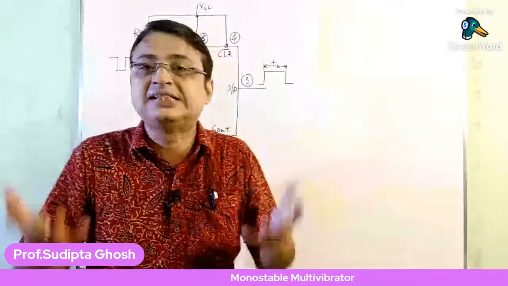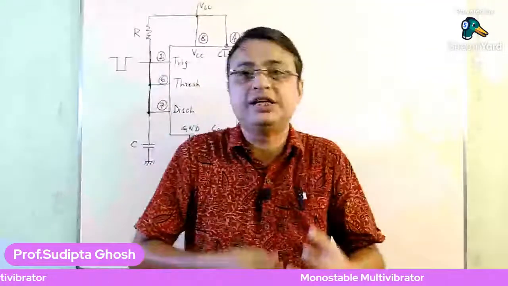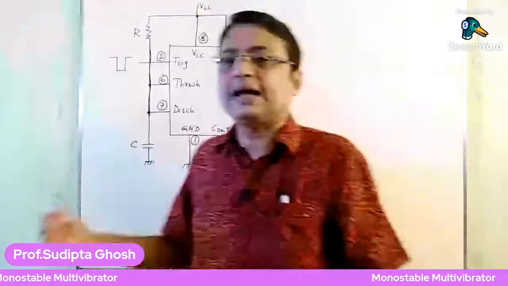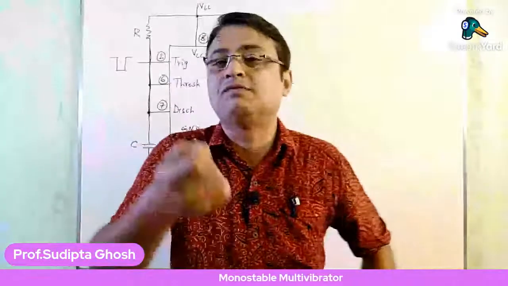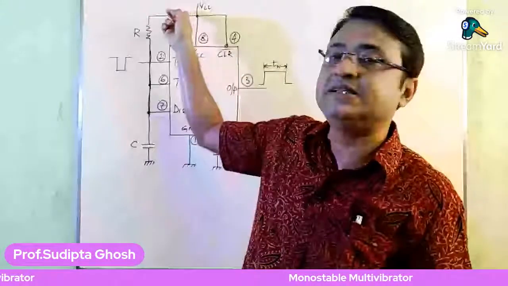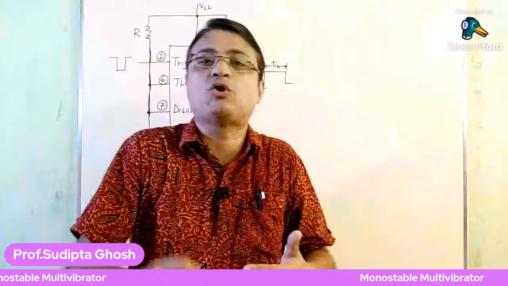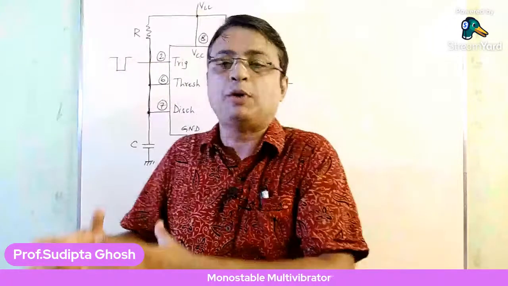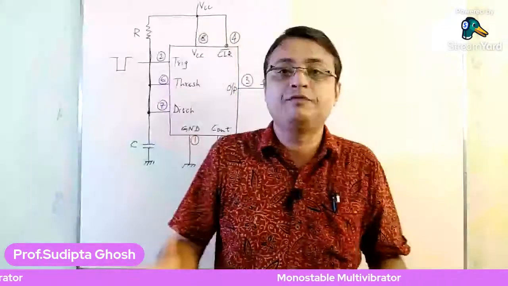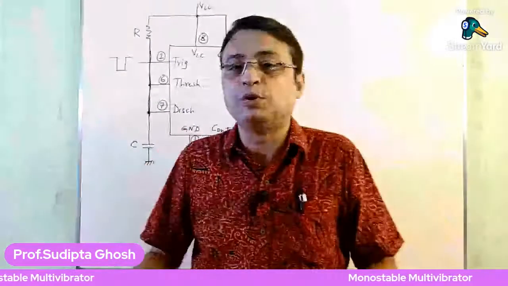The stable state is a 0 value, and this 0 value occurs because when you have switched on the circuit, this capacitor, initially at a value of 0 volts, goes on charging as it is connected to VCC via this resistor R. As it charges, it will certainly cross a value of around 3.5 volts, and as soon as the capacitor voltage goes beyond 3.4 or 3.5 volts, the threshold comparator goes high, which makes the output of the 555 timer low.